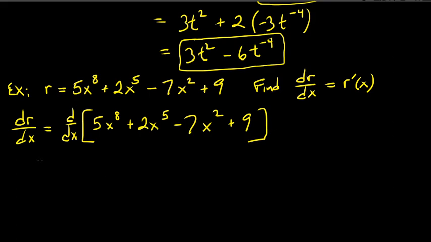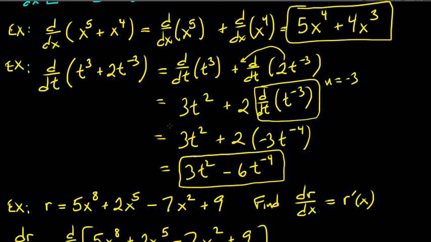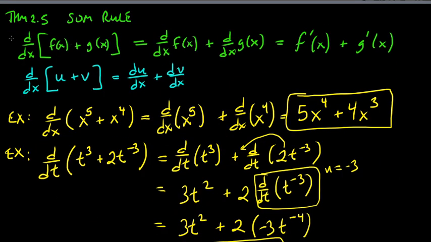I'm going to do that eventually, but not for this one. So for this, we have the sum rule. So this is going to be the derivative of 5x to the 8 plus the derivative of 2x to the 5. Oh, and minus. Now, wait a minute. This is the sum rule. It doesn't say that you can do this if you're subtracting.